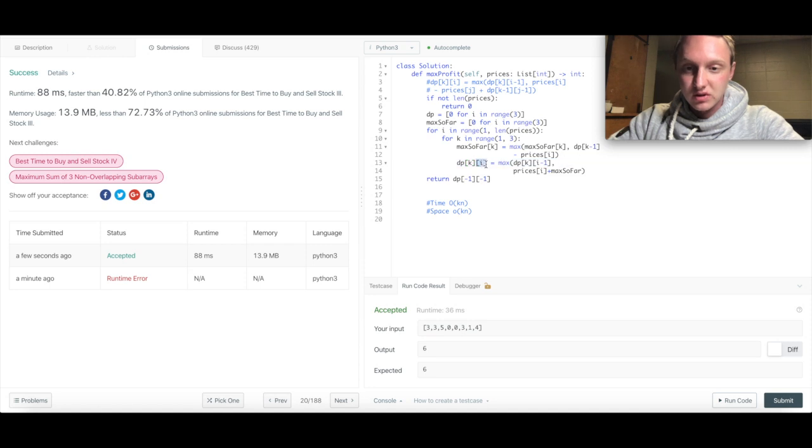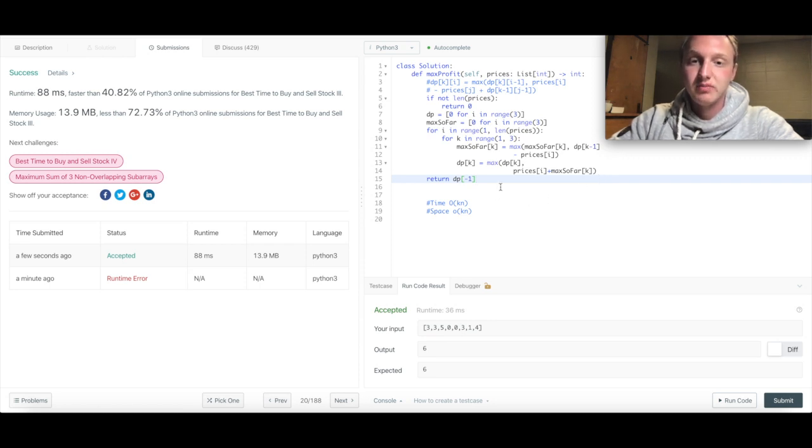Here we could get rid of dp i minus 1, and we would keep prices k, and we would just return the last value of dp.